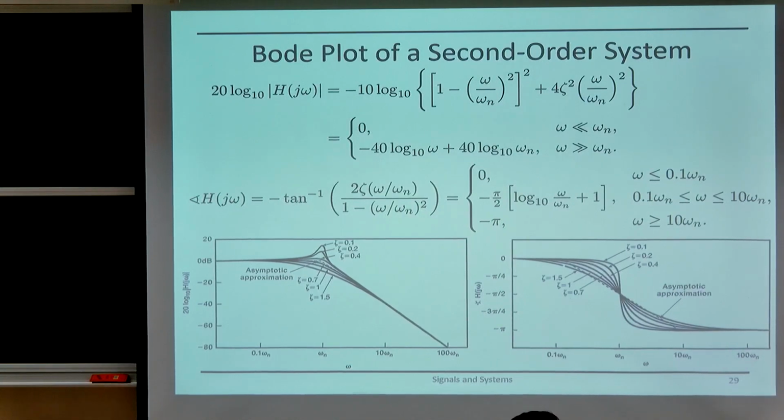So at low frequency, the asymptote is the 0 dB line. At high frequency, this is the 40 dB per decade asymptote. And we have a break frequency at omega n.